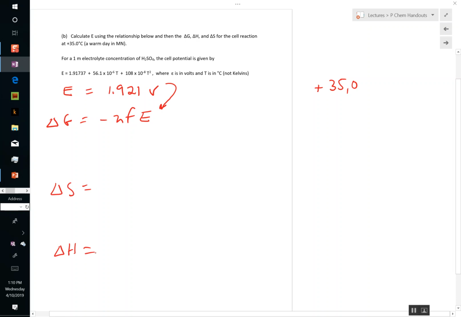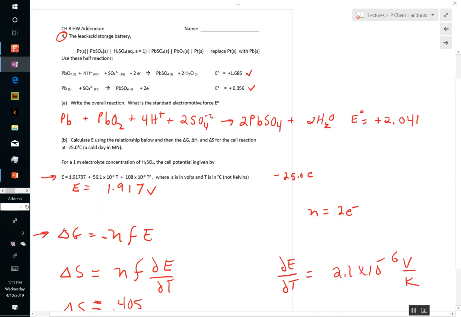To me, the main important thing here is to understand this overall reaction. What really are the half reactions here? Did you write those half reactions based on what was above there?